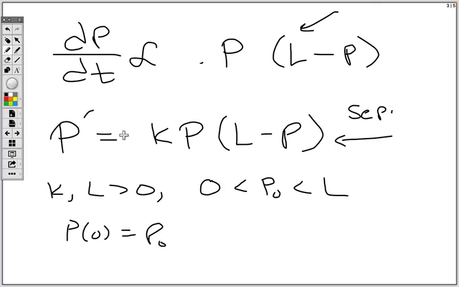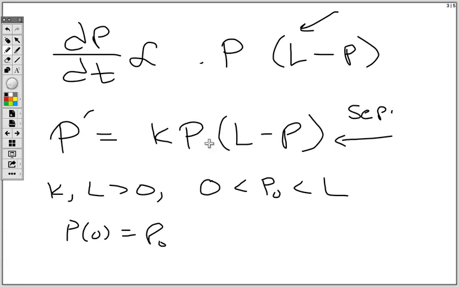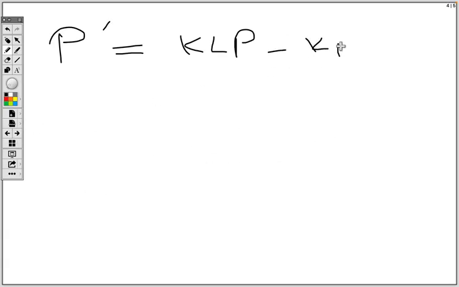Okay, so to show it's Bernoulli, I need to do a little bit of algebra here. We need to multiply this through. So k L p minus k p squared. Then I can subtract over here.